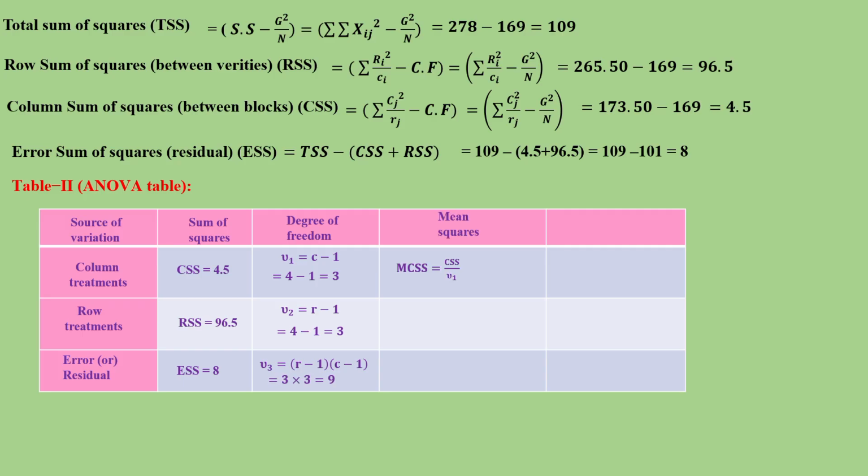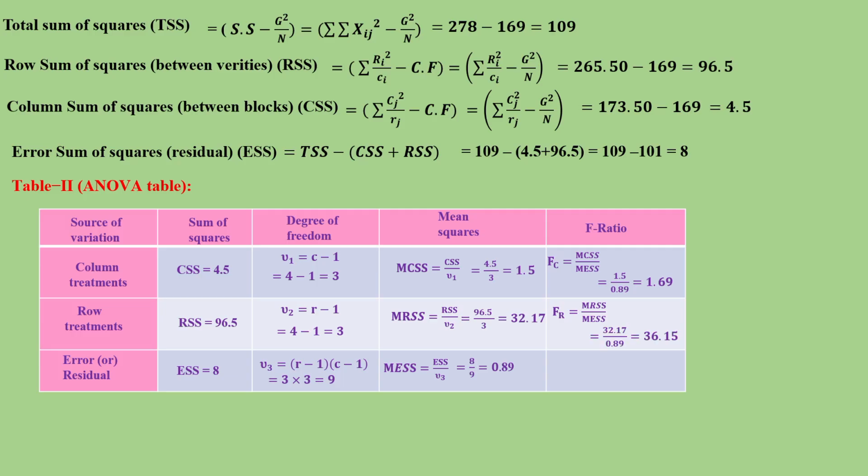Then mean sum of square for column is 1.5, for row 32.17, and mean error sum of square 0.89. Then F ratio: with respect to column, FC is MCSS by MESS, equal to 1.69. For row, FR is MRSS by MESS, equal to 36.15.